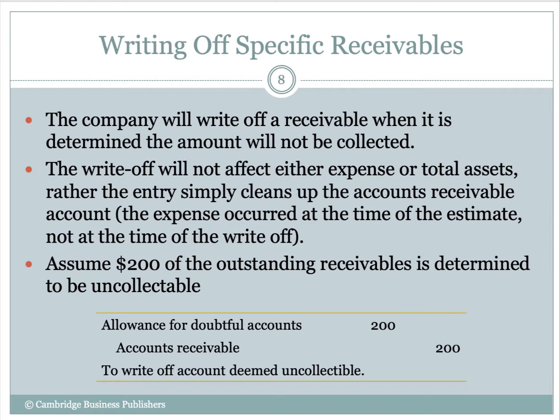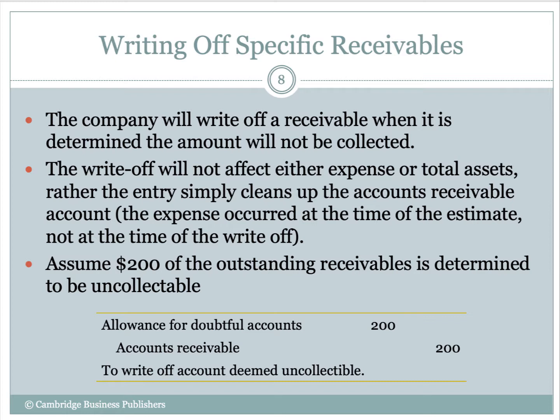Keep in mind that when we write something off, it won't affect either expense or total assets. Why? Because we already accounted for that. We already accounted for the accounts receivable, and we already accounted for the allowance for doubtful accounts. So when we write off, we are not going to affect either an expense or total assets.